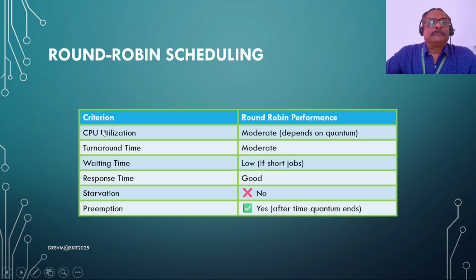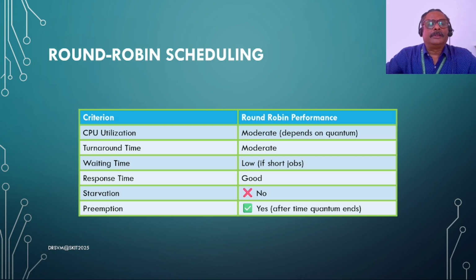So the properties of round robin performance: if you look at it, CPU utilization is moderate. That depends on the quantum. We'll shortly look at how it varies. Turnaround time is moderate, and waiting time is low if short jobs are there. Response time is good because each one almost immediately responds.